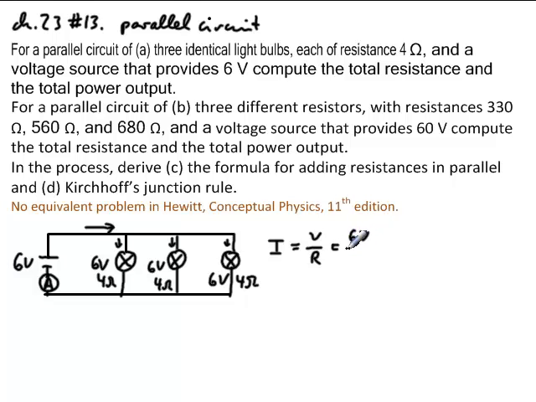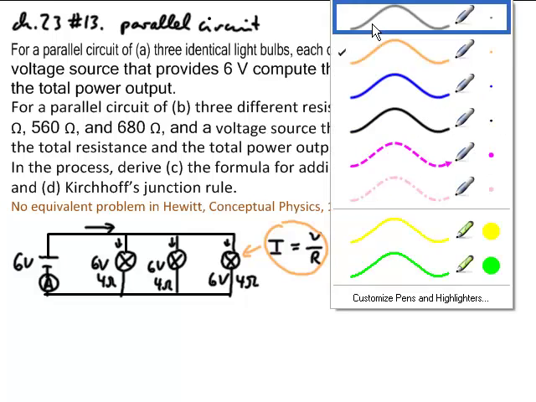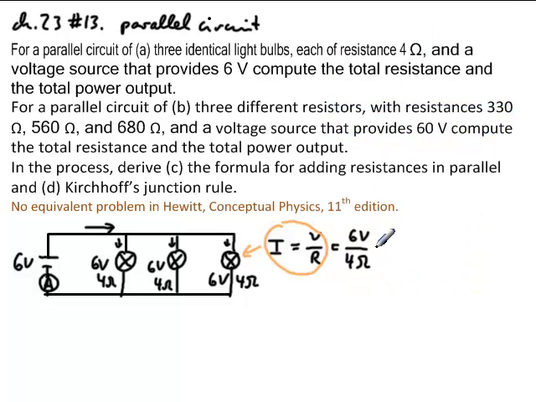Remember, 6 volts divided by 4 ohms, so this is just as I used to do before, just this one here applied to just one of them. And that, of course, comes out to 1.5 amps. That means that here 1.5 amps is flowing through this light bulb, 1.5 amps through this, 1.5 amps through this.